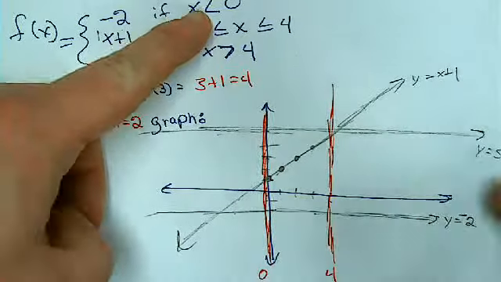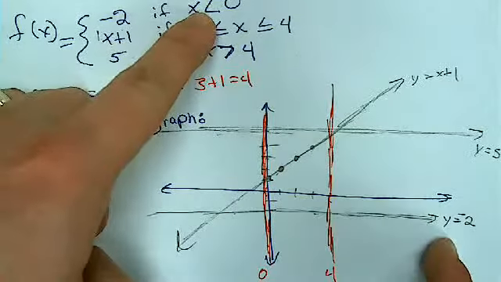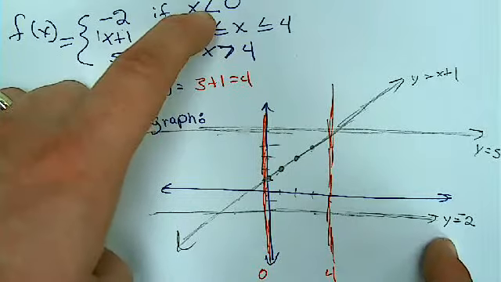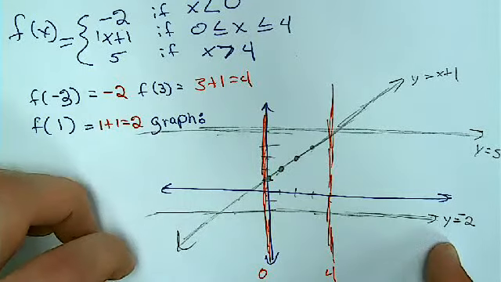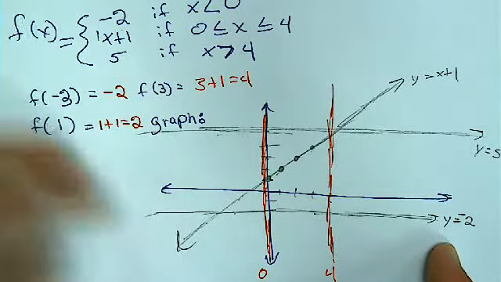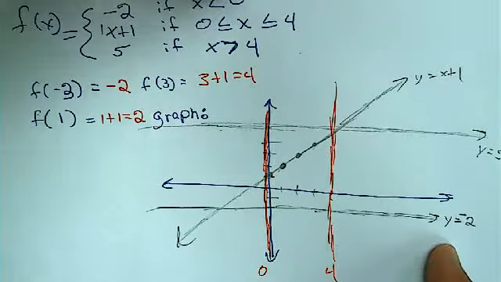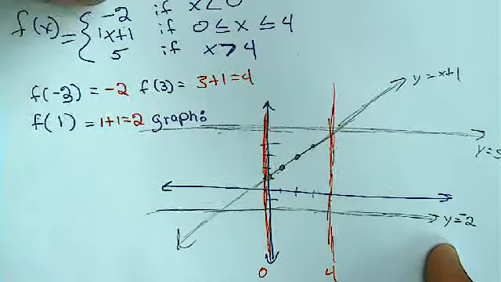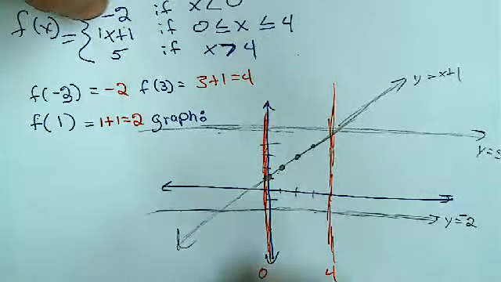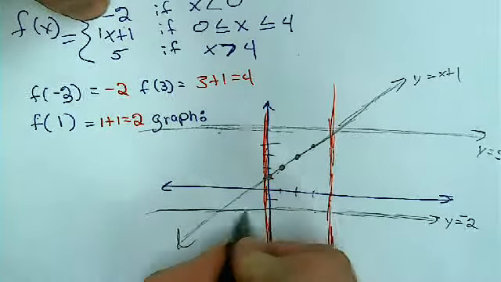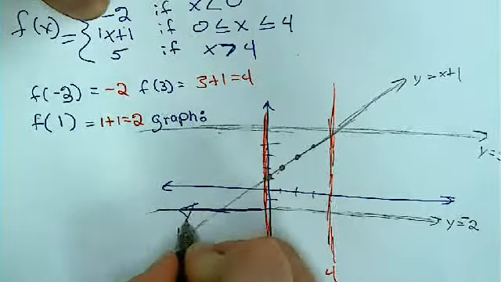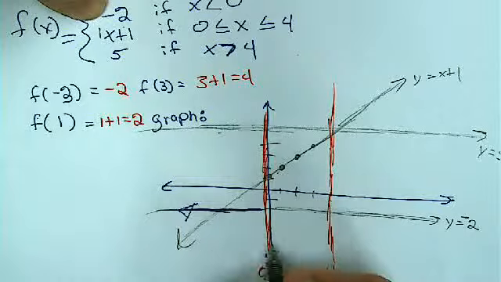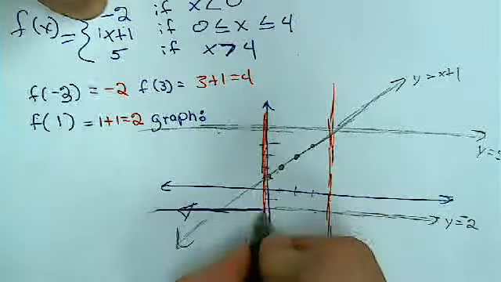X plus 1, 5, or -2? Let's see. If x is less than 0, what rule am I using? -2. So that means as long as I'm to the left of that, I'm using the first line. Does that include 0? All right, make an open circle there.